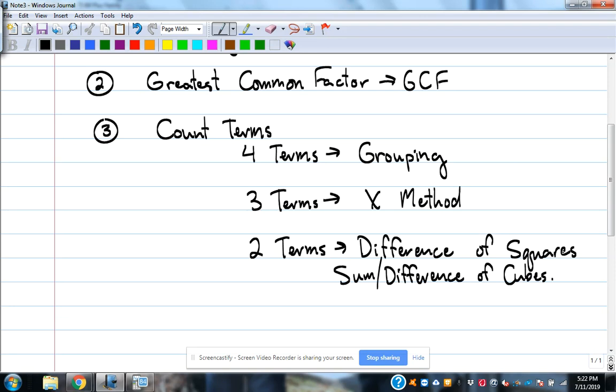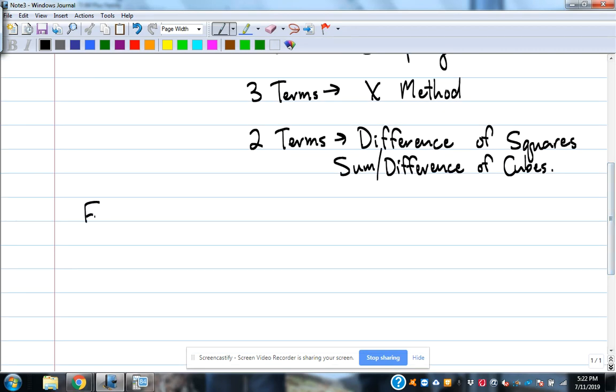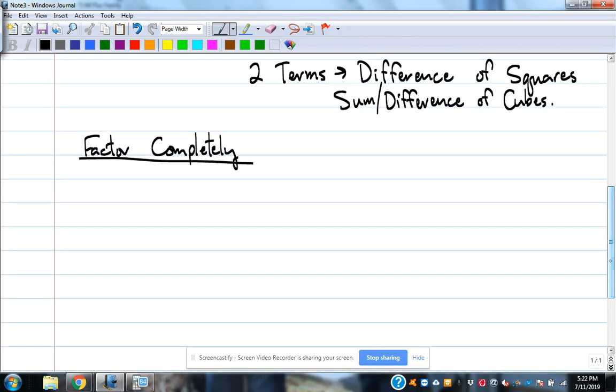And we're just going to run through a quick example of some of these methods of factoring before we get into the rational expressions here, and then dive into doing some stuff with the rational expressions that involves factoring. So factor completely is going to be the instructions. All our job here is to factor this and go from there.